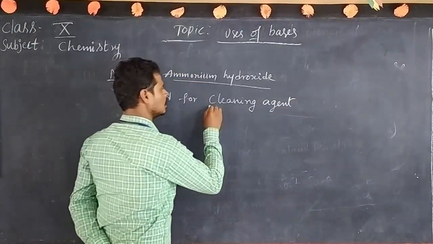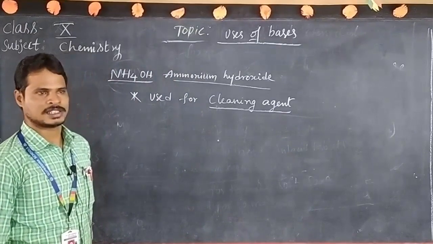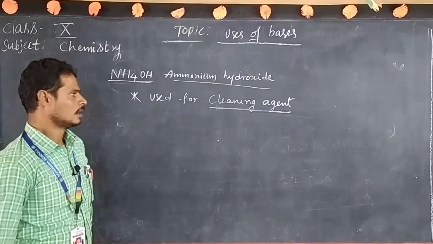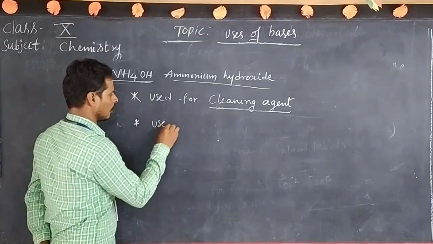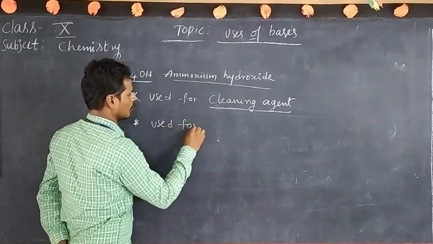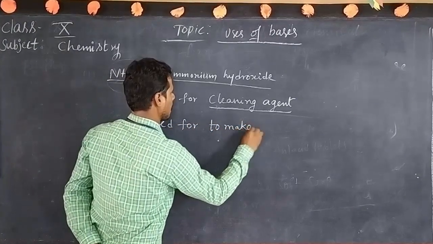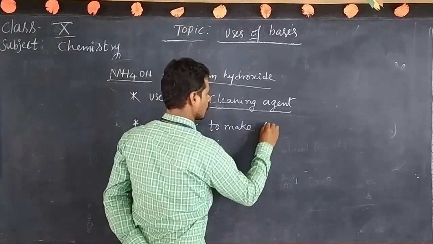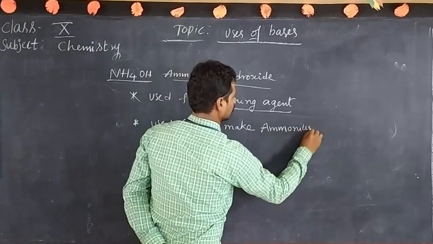So where should we use this ammonium hydroxide? To clean the glasses in our homes. Next, it is used to make ammonium salts.